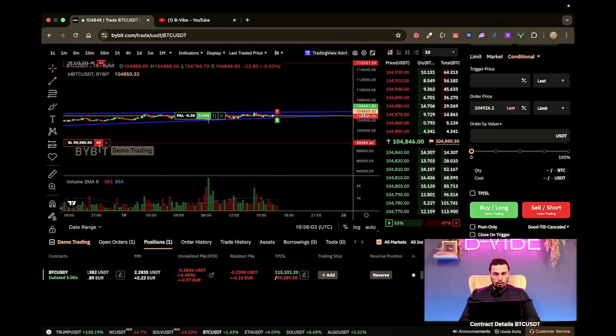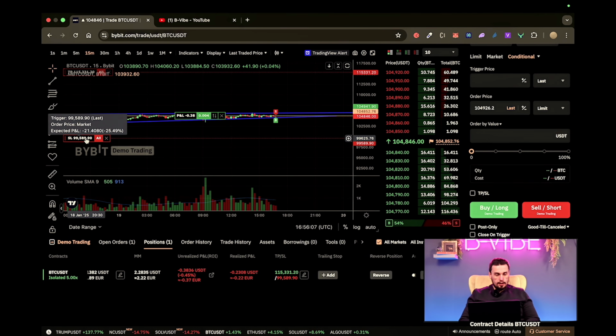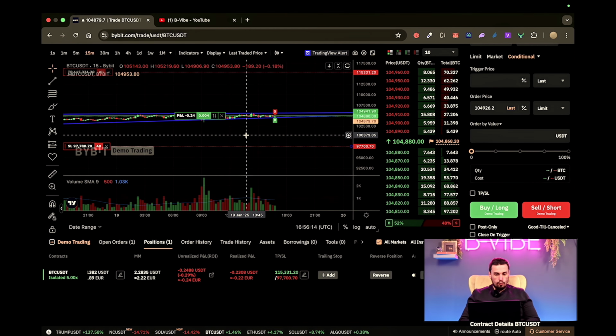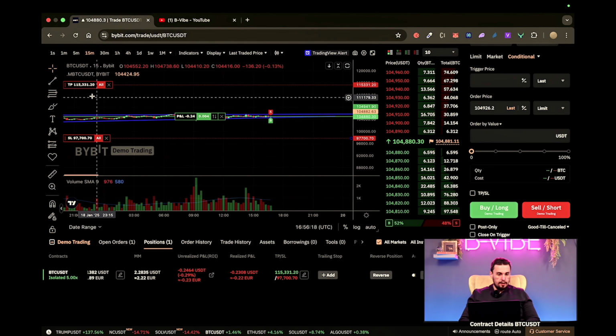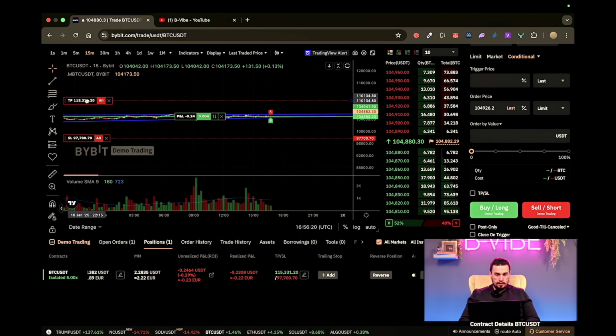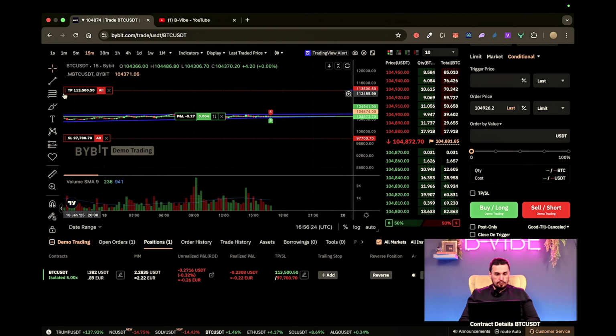What we can also do, if you don't want to enter it manually, is just drag and drop these stop loss levels where you want. So it's very easy and very intuitive how to use these borders. So this is the take profit.